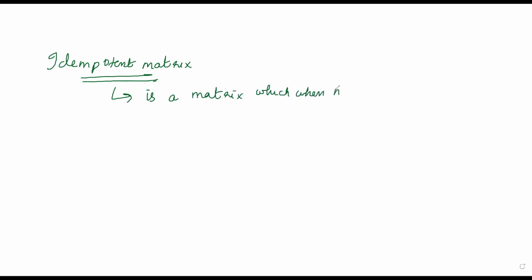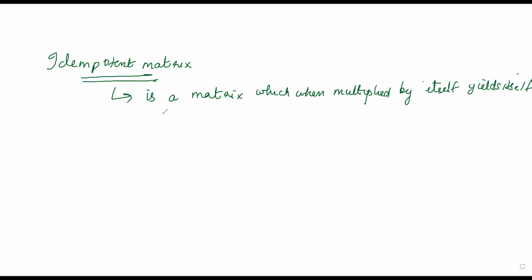Idempotent matrix is a matrix which when multiplied by itself yields itself.